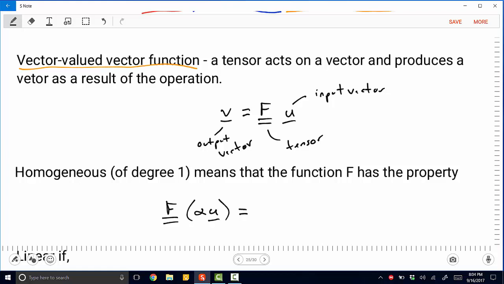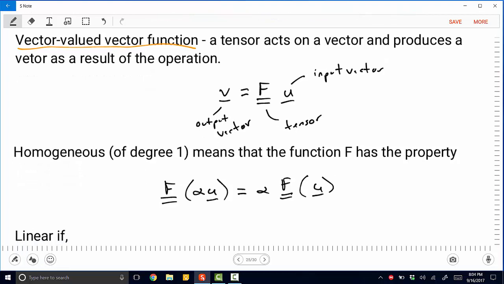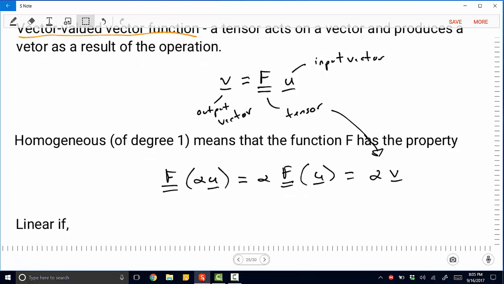It can be pulled out and be performed at the end of all operations. And subsequently, when we bring this relationship down, we find that we have the scalar times our output vector, where alpha is just a scalar quantity. So this is a key property that allows us to do a lot of mathematical manipulation with our tensors.